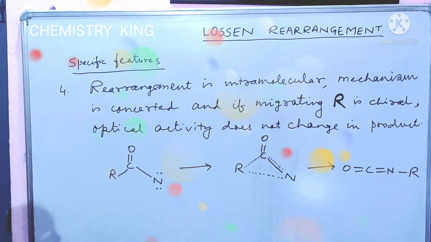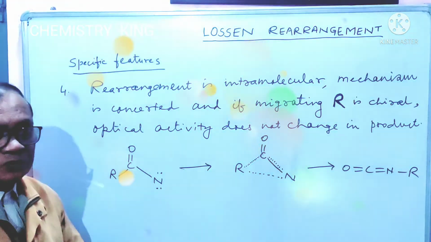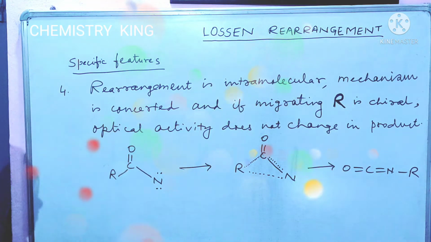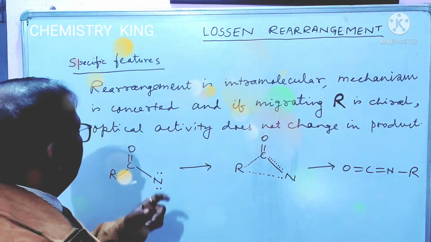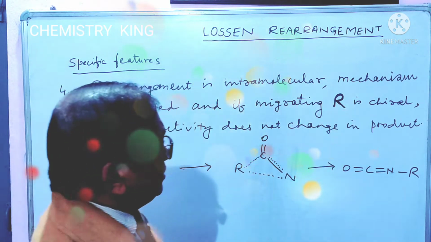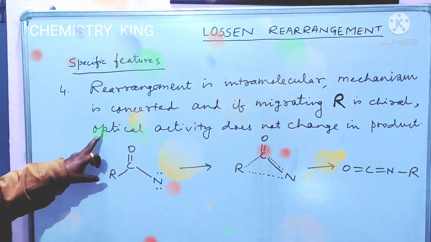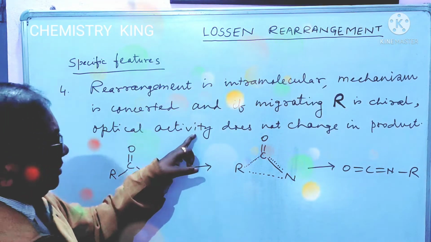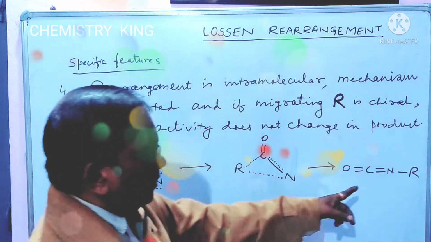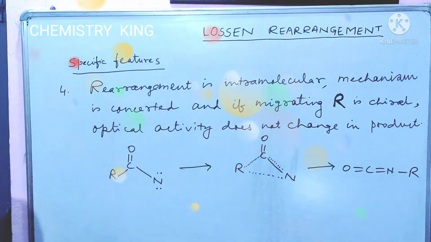Point 4. Rearrangement is intramolecular. Mechanism is concerted. One step mechanism. And if the migrating R is chiral, then what will happen? Optical activity does not change in the product. This is the product, actually it is isocyanate.